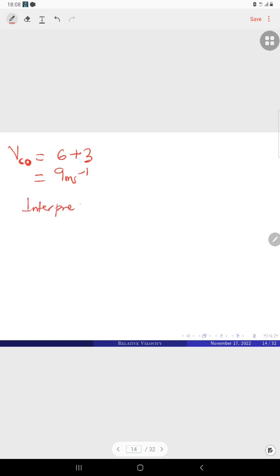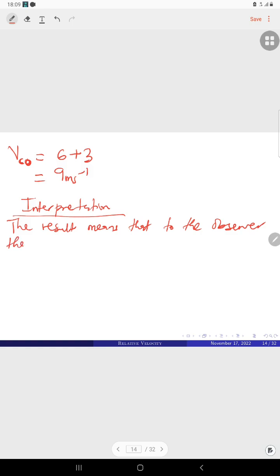Interpretation. So we say that the result means that to the observer, the cyclist will appear to be moving.